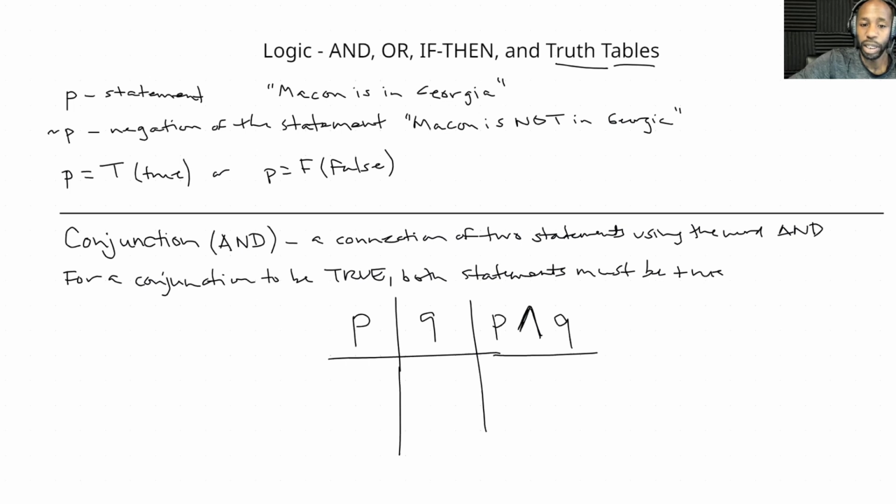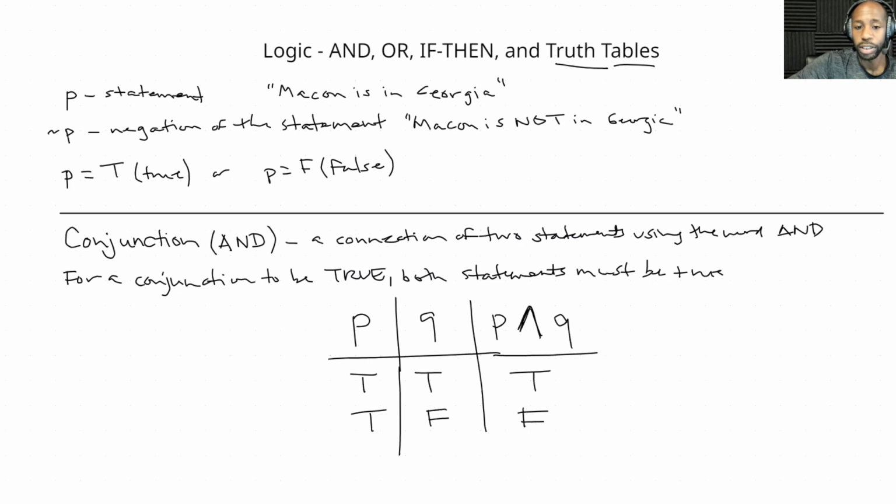So if we say that P is true and Q is true, then P and Q is true because that's what a conjunction says. This has to be true and this has to be true for the whole conjunction to be true. Therefore, if this is true and this statement is false, then the conjunction is false.